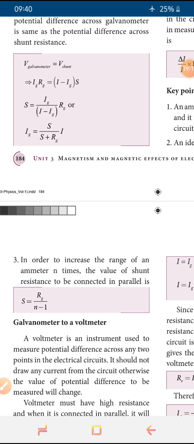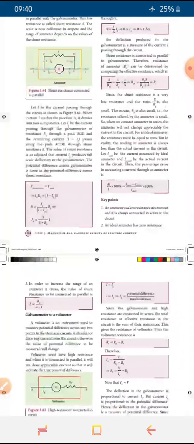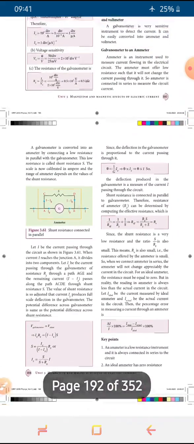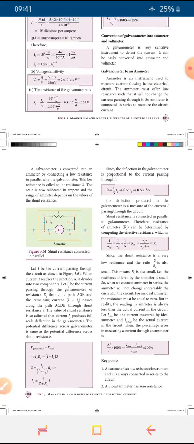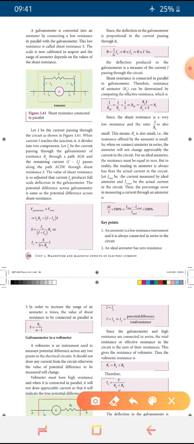So here the galvanometer is converted into an ammeter. So we have to keep these important points in mind while handling this ammeter. Okay, and now we'll mark the question and answer for this 5-mark question. This one is an important 5-mark question. So galvanometer is converted into ammeter, and this answer extends up to the 3 key points, the third key before the galvanometer to voltmeter on page 185.